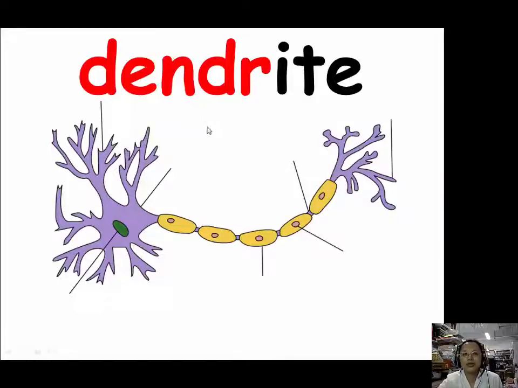And one more example is dendrite. Dendrite is the slender projection of a nerve cell which conducts nerve impulses from a synapse to the body of the cell. This part is called a dendrite. Okay.